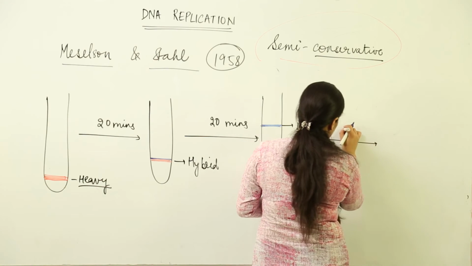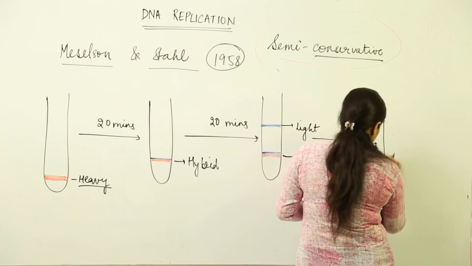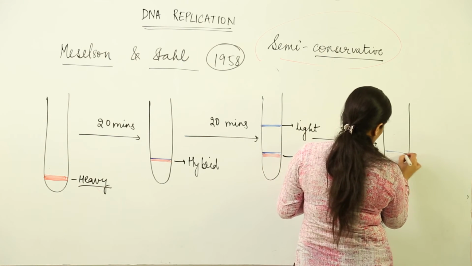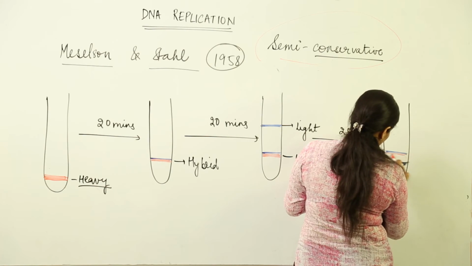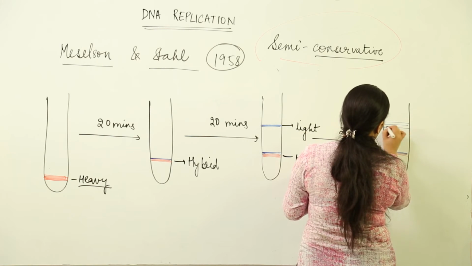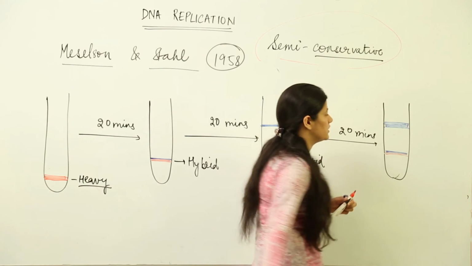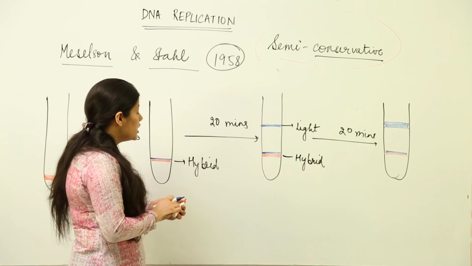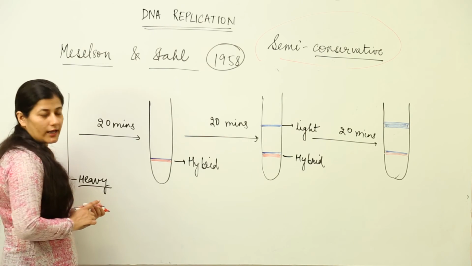After 20 minutes, as you keep on observing and centrifuging, you are going to find the hybrid always there, and the width of the light band is going to increase more and more after every 20 minutes. So, this is what was observed in their experiment using E. coli.